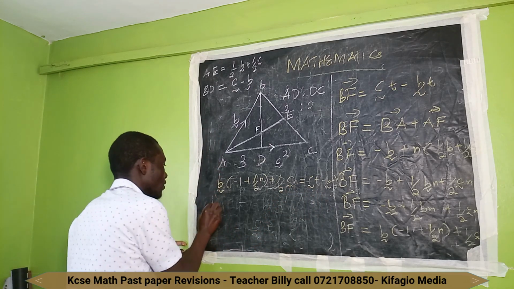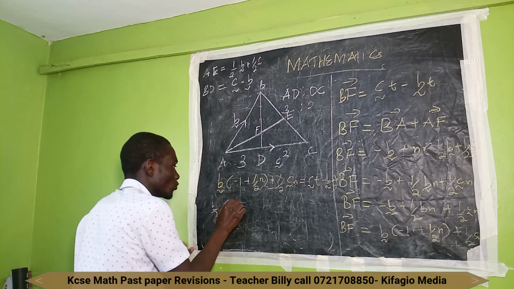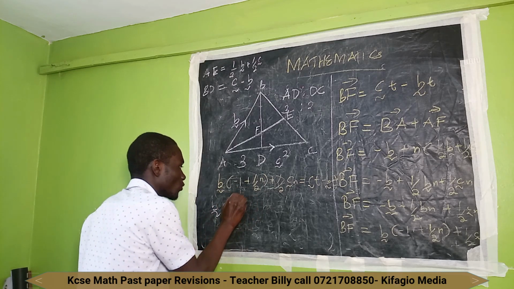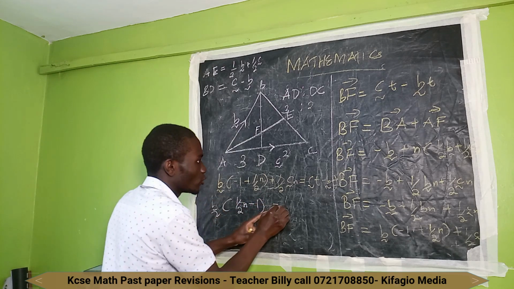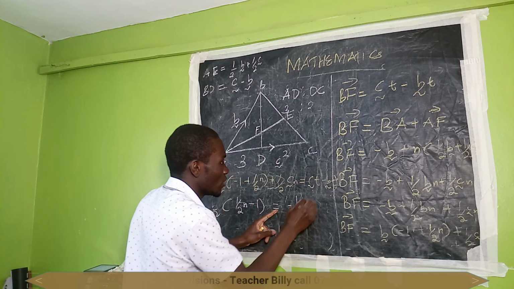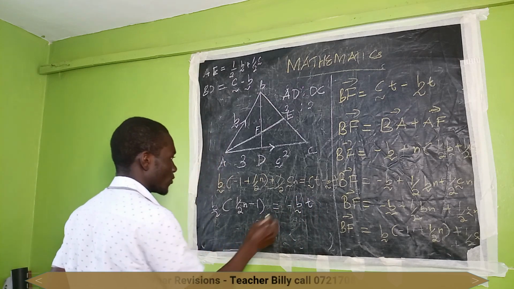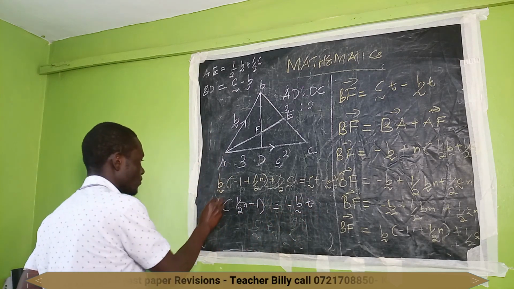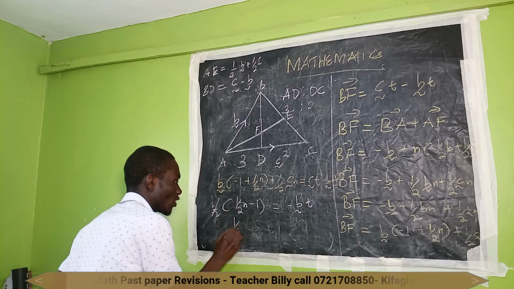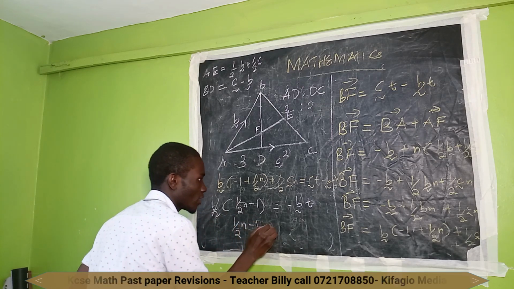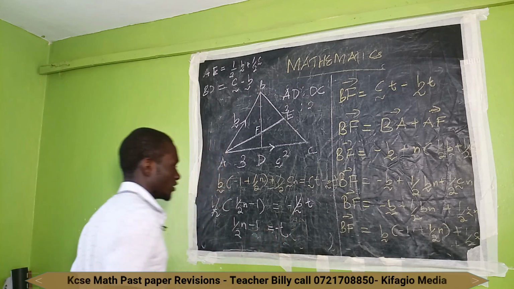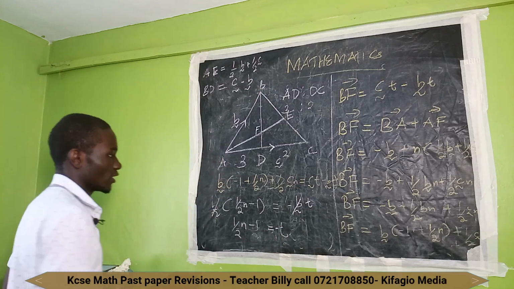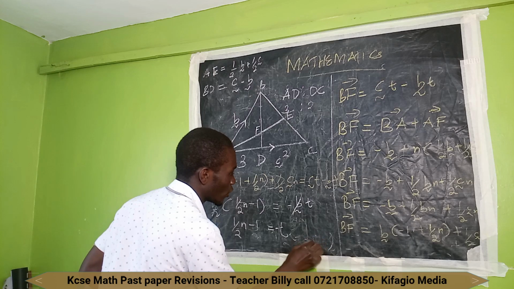So we have B into 1 over 2n minus 1 is equal to minus B of t. So this B and this B will go. So I have 1 over 2n minus 1 is equal to minus t. Call this your equation 1.